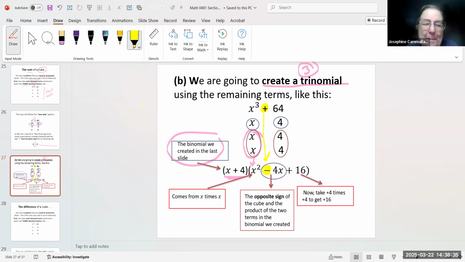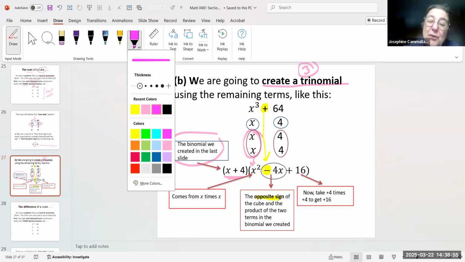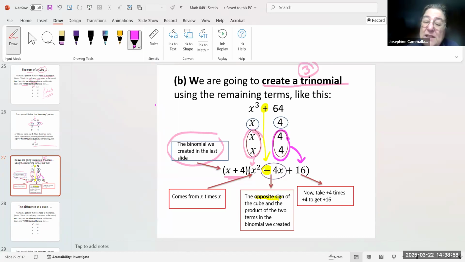The middle term must be negative. It's the opposite sign of the cube and the product of the first two terms, which means x times 4 is 4x. Now, remember we have these last two 4's? Well, they're going to now be a positive 4 times a positive 4, which gives me 16. This is the pattern.